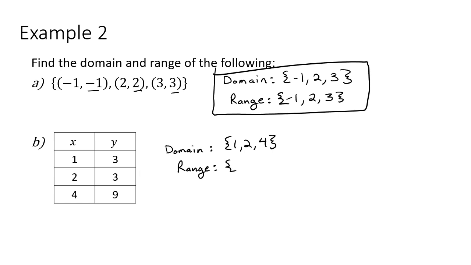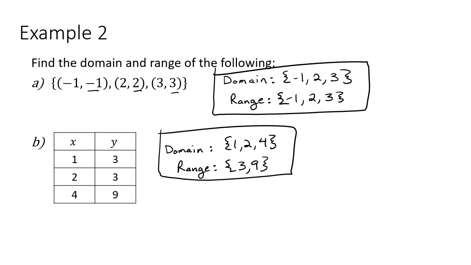There's only 2 numbers in the range, and that is 3 and 9. Right? So given a discrete function, the set of all inputs or x values, first coordinates, is the domain. The set of all outputs or y values is the range.